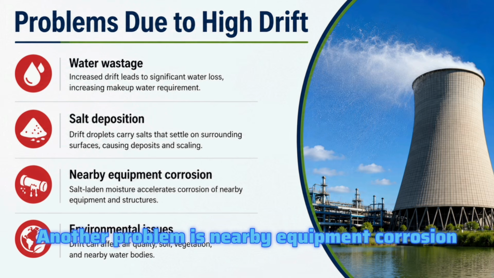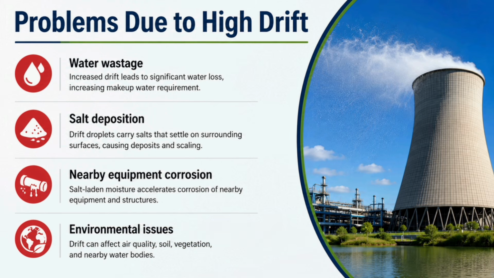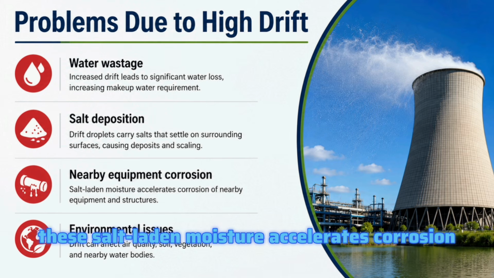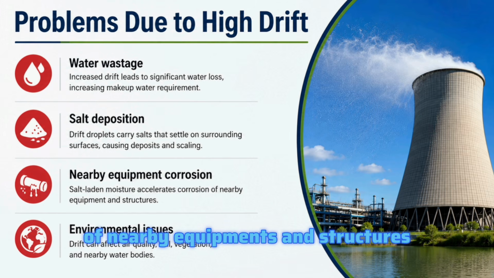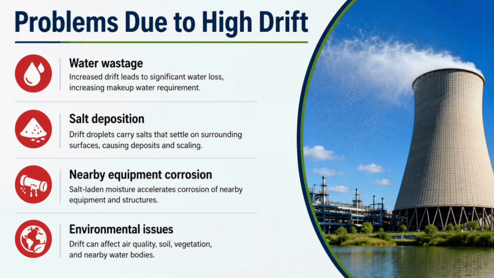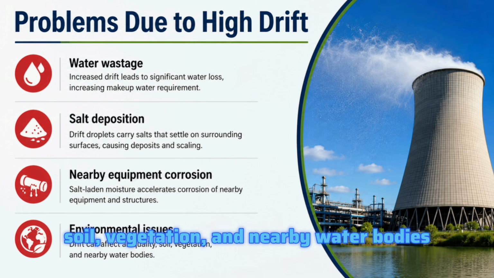Another problem is nearby equipment corrosion. As droplets escape, this salt-laden moisture accelerates corrosion of nearby equipment and structures. Another problem is environmental issues. Drift can affect air quality, soil, vegetation, and nearby water bodies.